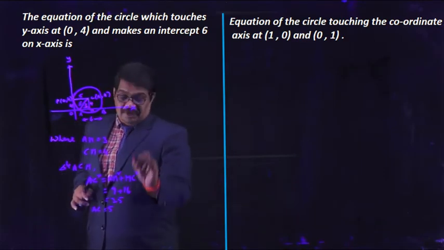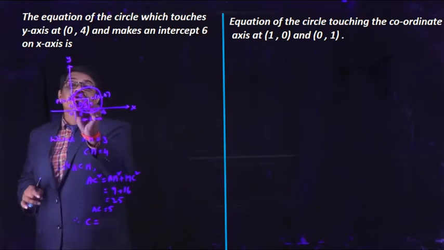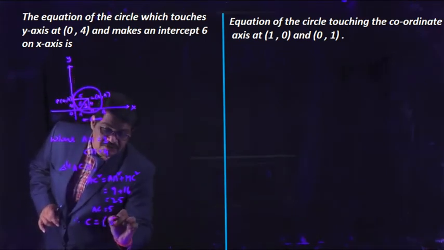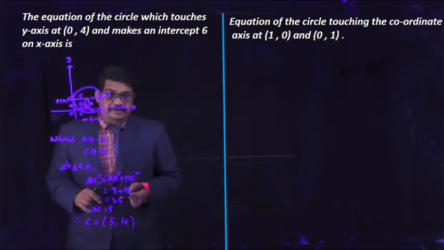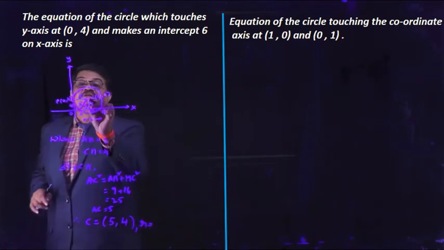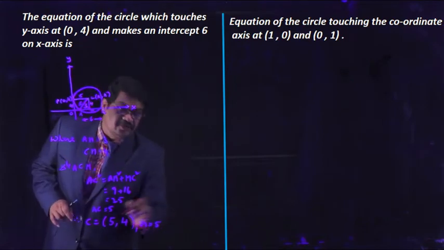Therefore, the center's x coordinate is 5 units and y coordinate is 4 units. That is (5, 4). And what is the radius? Here the radius r is CP or CA, that is 5 units.